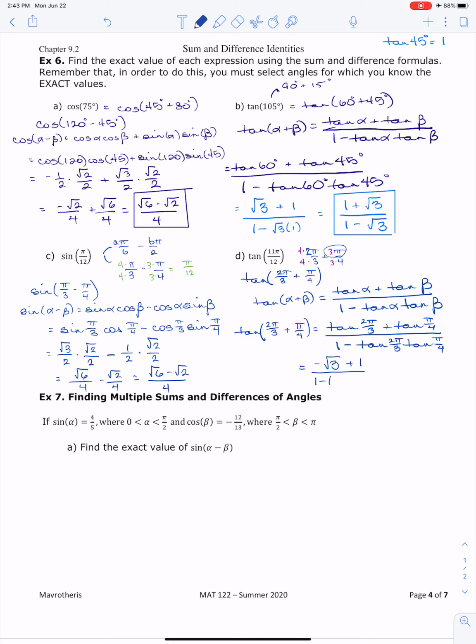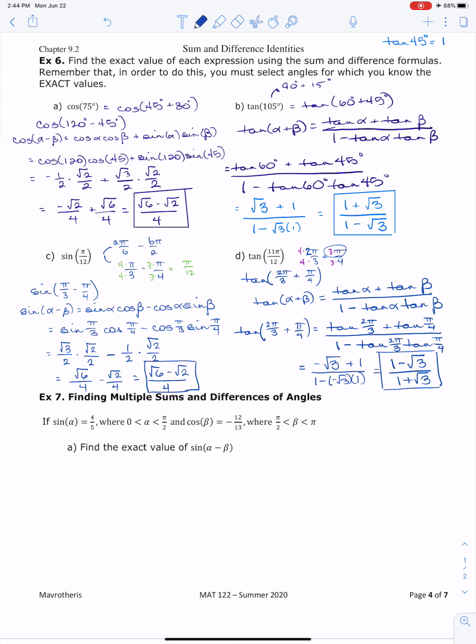So I've got 1 minus that negative square root of 3 times 1. 1 minus the square root of 3 over 1 plus the square root of 3. And that's it. We are not worried in this case about rationalizing the denominator. Just looking for that exact value.